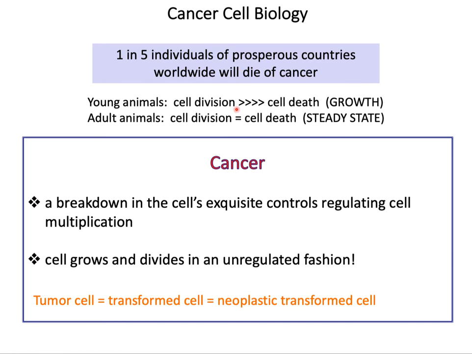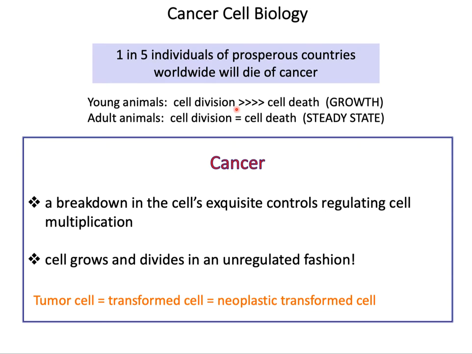You have this steady state. You don't have this net growth. And this steady state comes about because there is this exquisite control on the cell cycle. We learned about that in an earlier topic in this course. And cancer is essentially a breakdown in the cell's ability to regulate its own division or its multiplication.